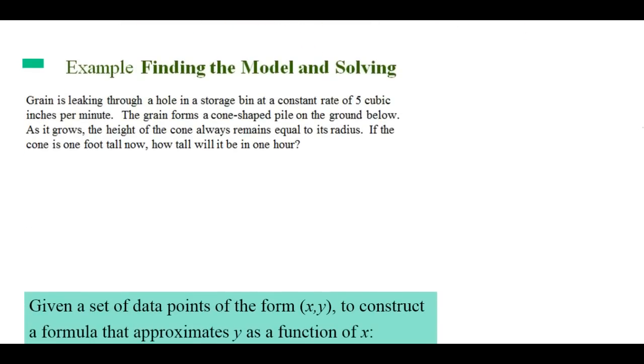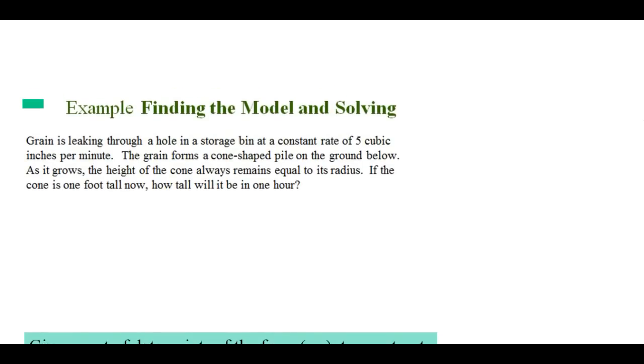Let's try another one. How do you model something where you got some info? So grain's leaking through a hole, and you can go ahead and read it, but I need to know the volume of a cone. And so the volume of a cone is 1/3 pi r squared h. And so we have a cone here, it's a beautiful cone. It's grain that's falling down from the top here, and it's building this cone.